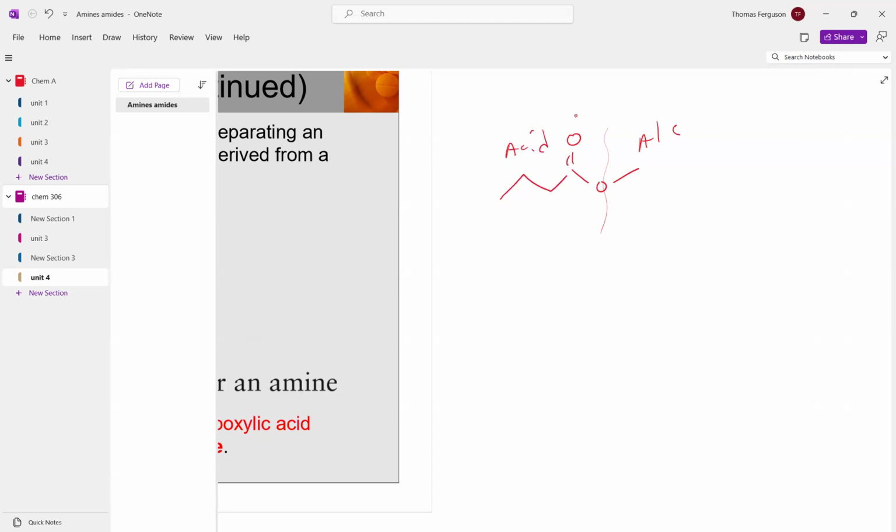So if we have an amide, this would come from the amine and acid. So esters are in two parts, amides are in two parts. And the way you form these things is the same reactions as the three ways you form an ester.